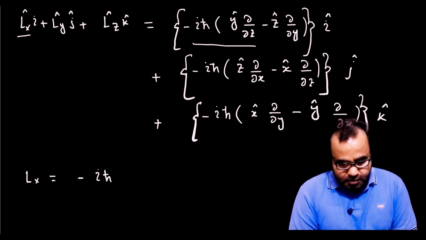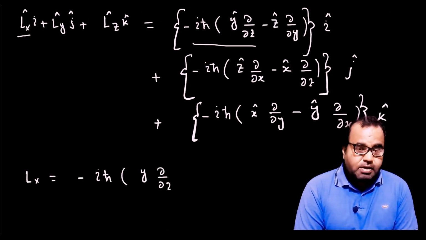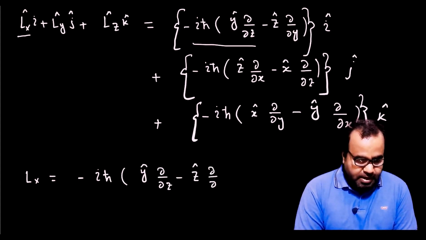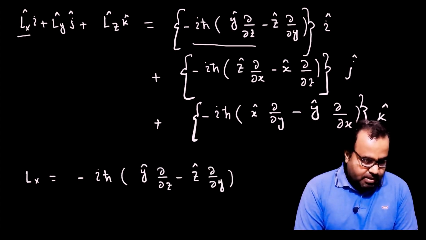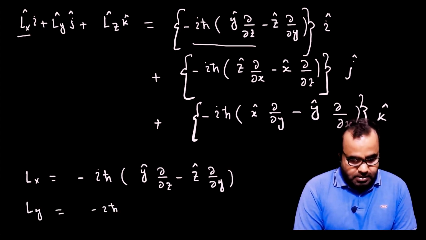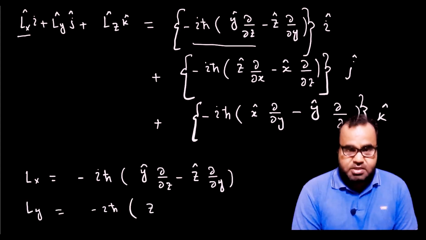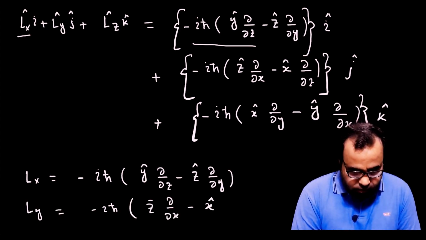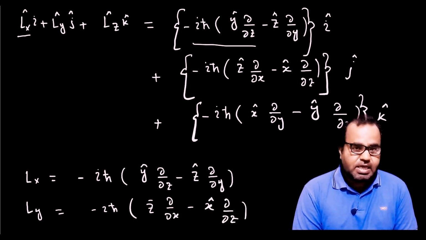After writing it, now we will compare the left hand side and right hand side. What is the component of i on the left hand side? It is Lx, and on the right hand side it is minus iota h cut, y partial over partial z minus z partial over partial y. We are comparing the components of i, j and k on both sides.